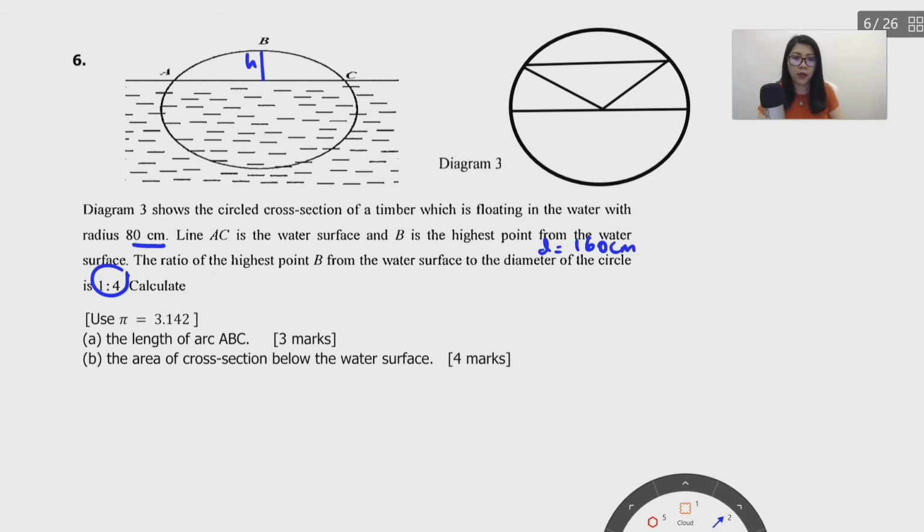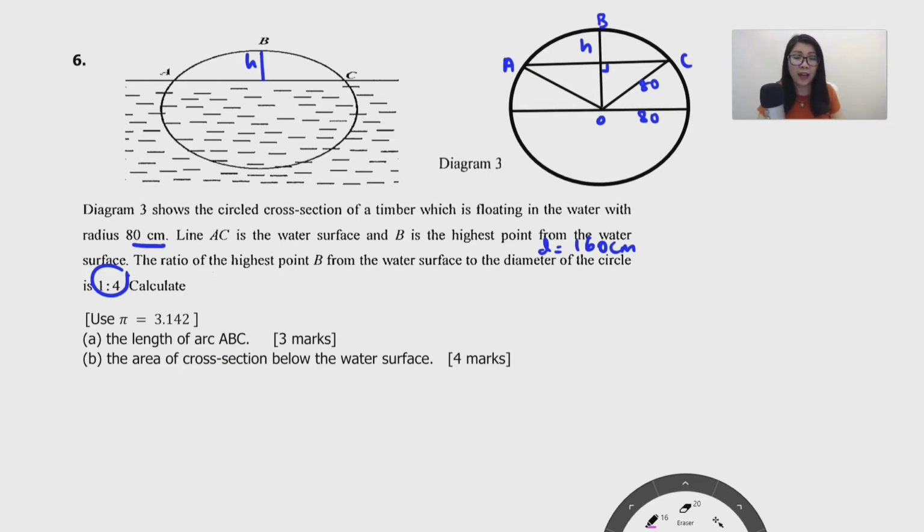You can also draw another one here. Now I'm going to label the information. This is A, this is B, and this is C, and this is H, and this is 90 degrees, and this is O, the center of the circle. The radius is 80 cm, so this is also 80 because they are also radii.